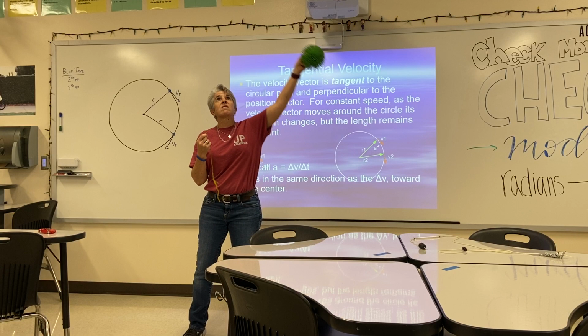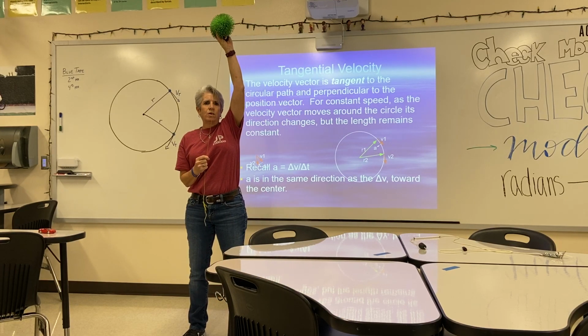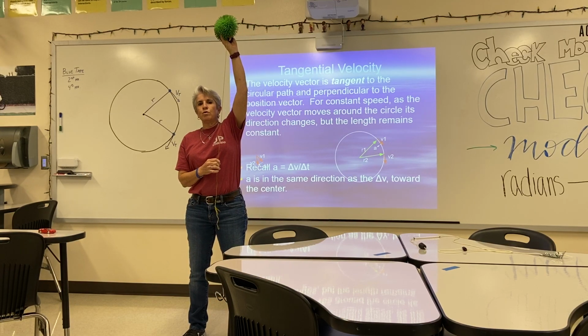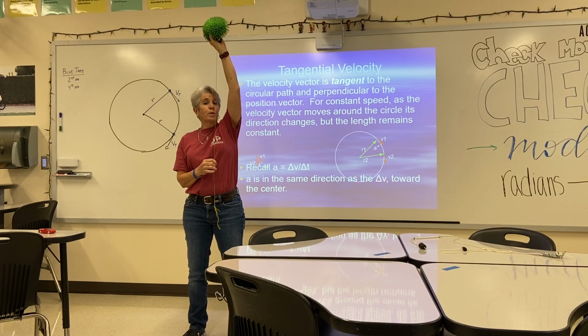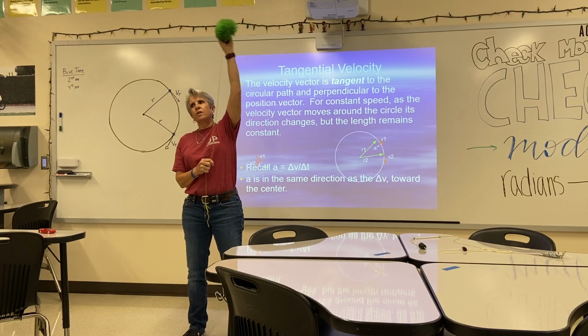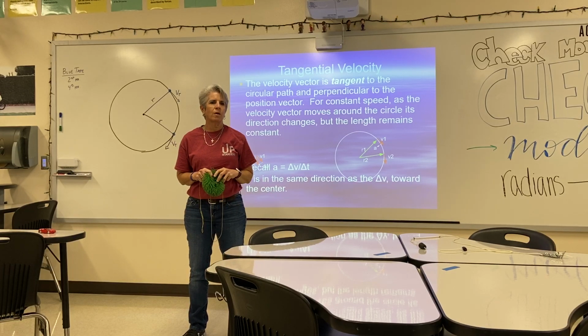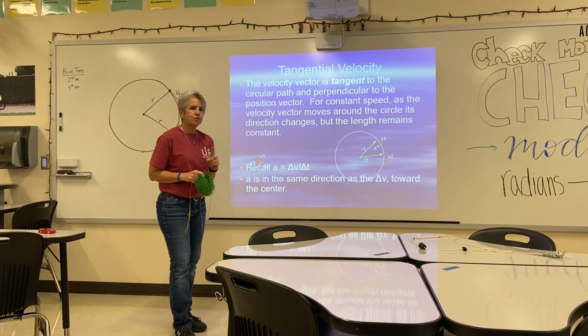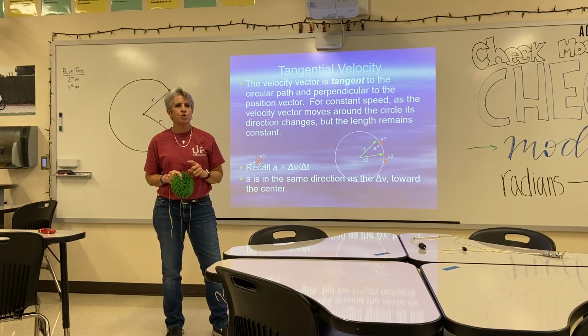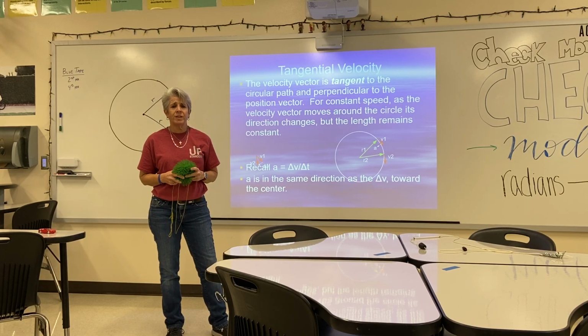But a short while later, when it gets to the top of the circle, you can see that it's moving to your left, still perpendicular to the radius. And as it continues on around its circle, the direction is always changing. Because the direction of a vector is always changing, and in this case it's a velocity, remember that we have a definition of acceleration as rate of change in velocity.